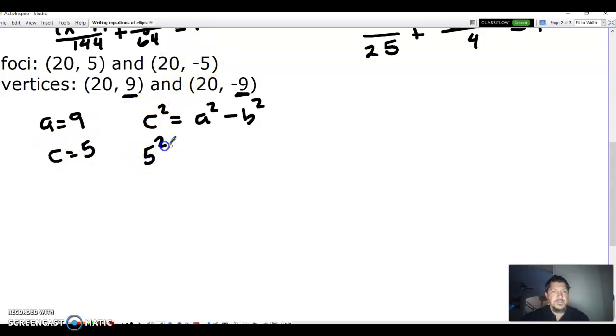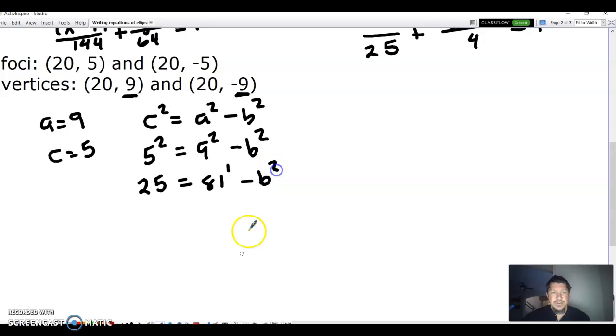It's going to be 5 squared equals 9 squared minus b squared, so 25 equals 81 minus b squared. If I subtract, 25 minus 81 is -56, equals negative b squared.